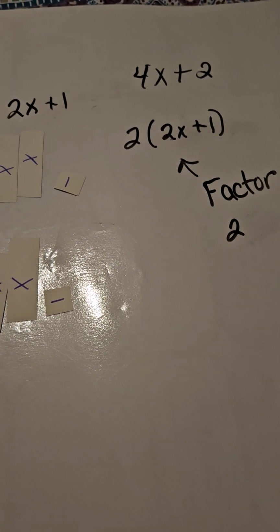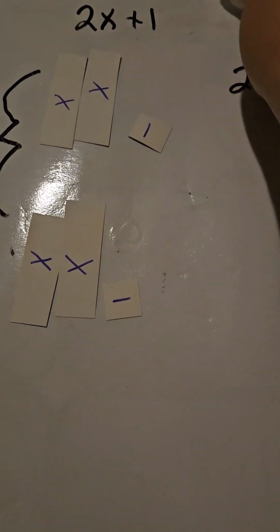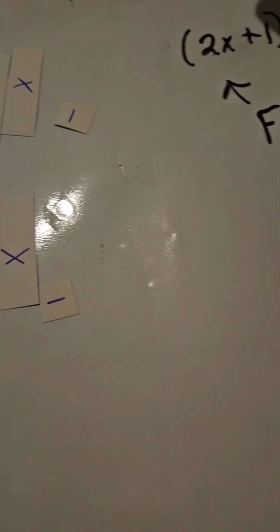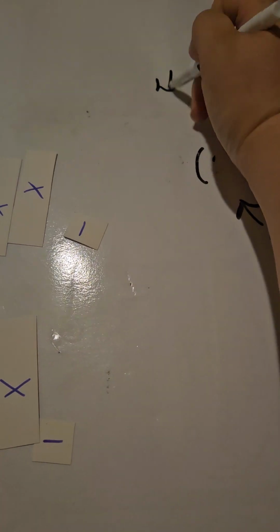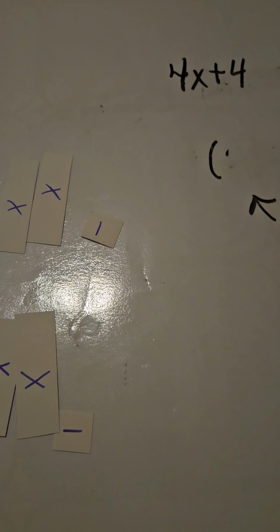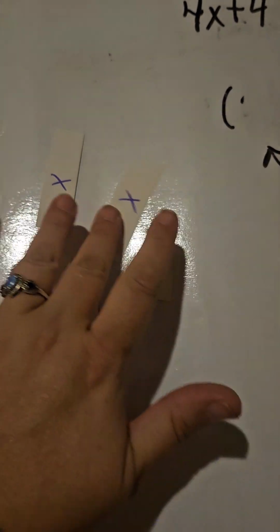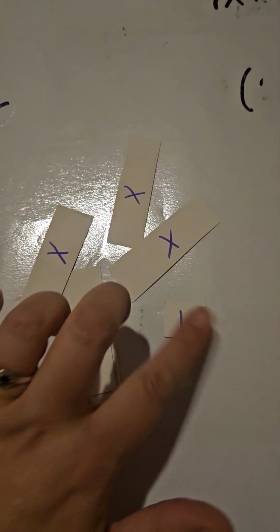All right, we got one more question to go over, and then I'll end for the night. So now I'm going to do 4x plus 4. That means I've got 4 x's, 1, 2, 3, 4, and then 4 1s.